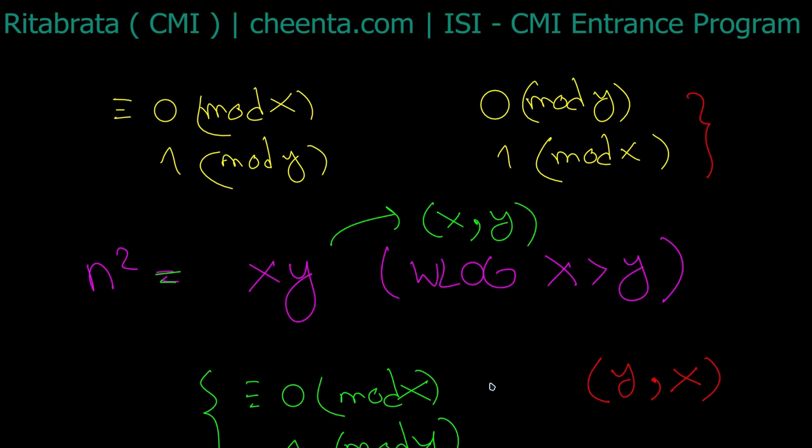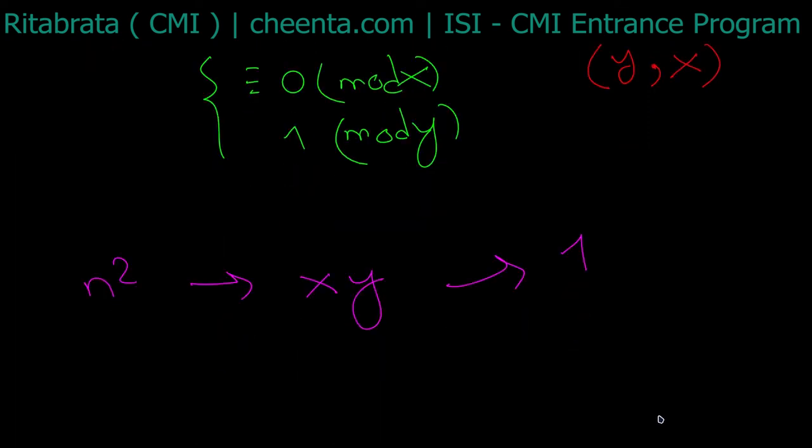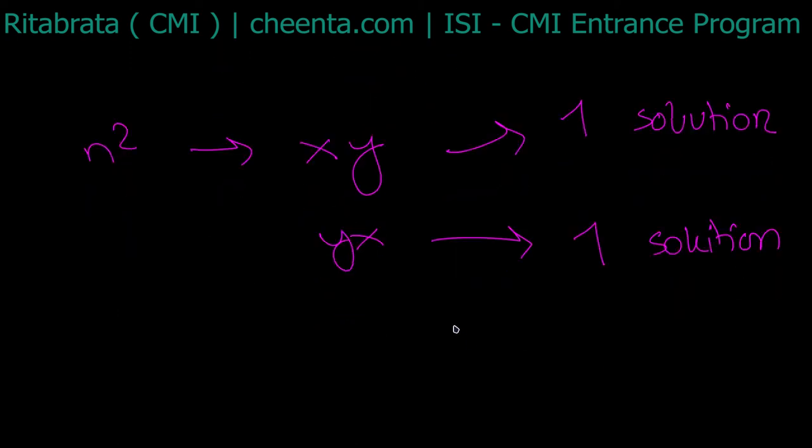For one solution I associate the pair x, y, and for the other solution I associate the pair y, x. So for any factorization, I get exactly one unique solution for each ordering. For n square equal to xy, I have one unique solution, that is 0 mod x and 1 mod y, and for yx also there is one unique solution. So for each co-prime factorization of n square into two parts, I get exactly one solution.